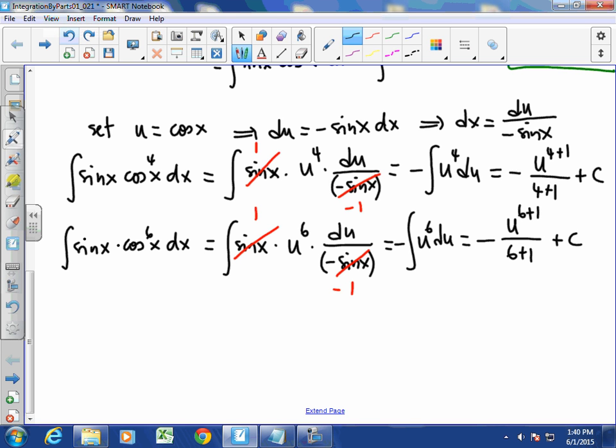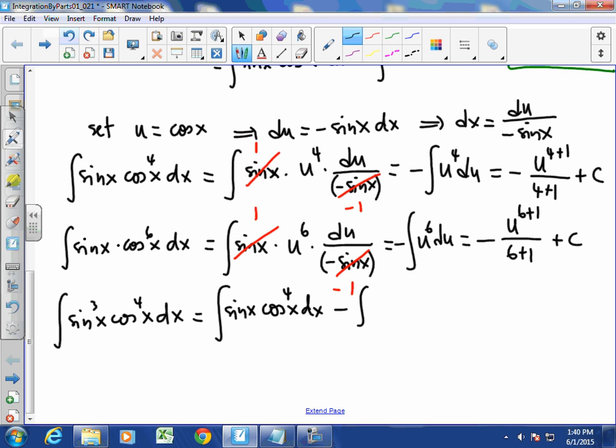So in the end, our integral of sine cube x cosine to the 4th x dx is, we said, integral of sine x cosine to the 4th x dx minus integral of sine x cosine to the 6th x dx.